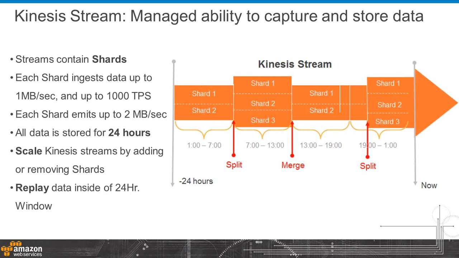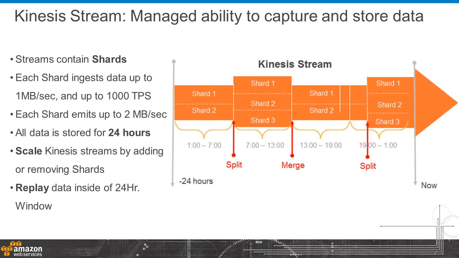And because Kinesis is a strongly consistent, durable store, and the processing pattern that it enables is one of continuous processing of data, all data inside of a stream, and therefore in any given shard, is stored for 24 hours. Inside of that 24-hour window, data can be replayed. A cursor can be called by the application to move it back in time to the oldest data and then read from that data.